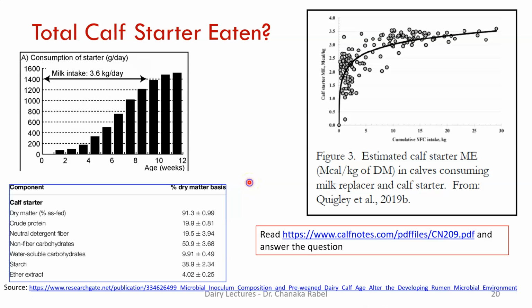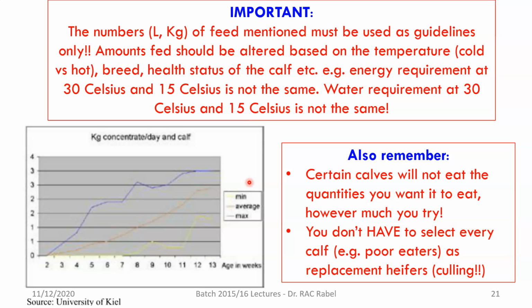It's also important, guys, for you to remember that we talk about all these numbers, however they are not set in stone. There will be animals that go along our line. There will be animals that consume more than what we talk about, and there will be animals that, whatever you try, will not consume our recommended quantities.